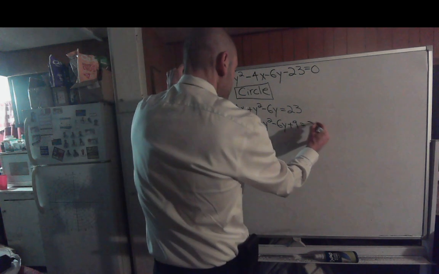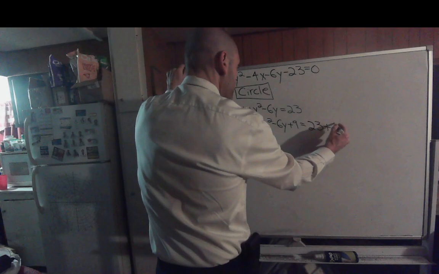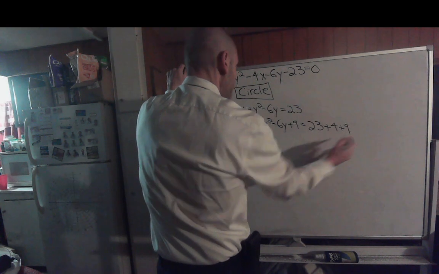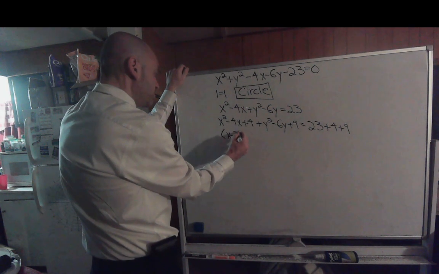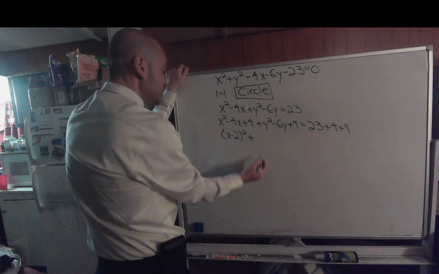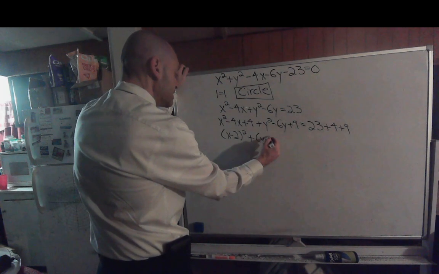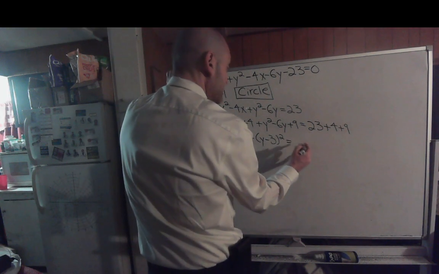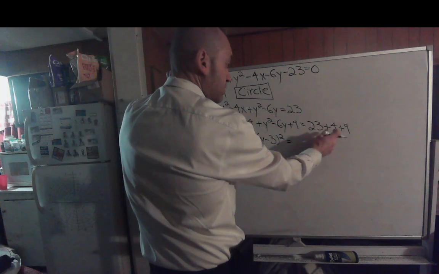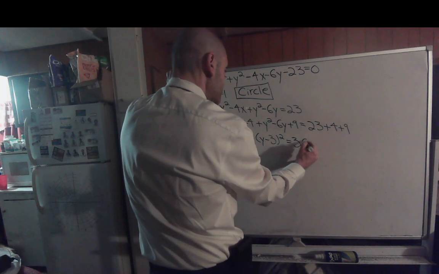So on the right hand side, you'd have 23 plus 4 plus 9. So this would simplify into x minus 2 quantity squared plus y minus 3 quantity squared is equal to 23 plus 4 is 27 plus 9 is 36.